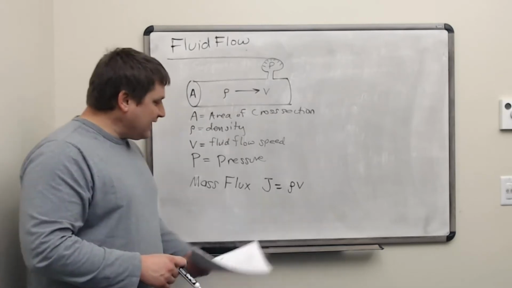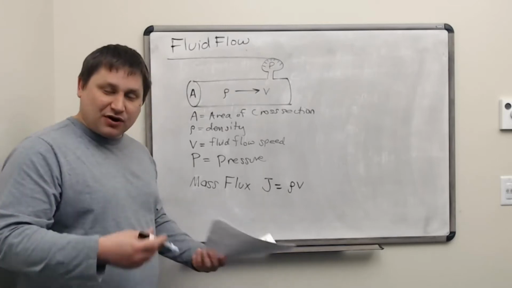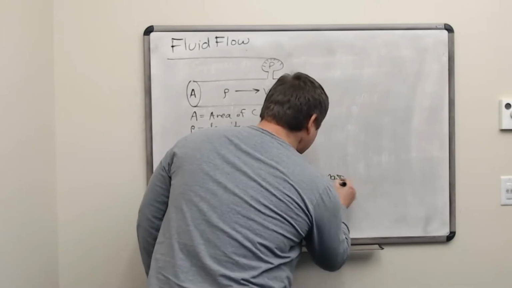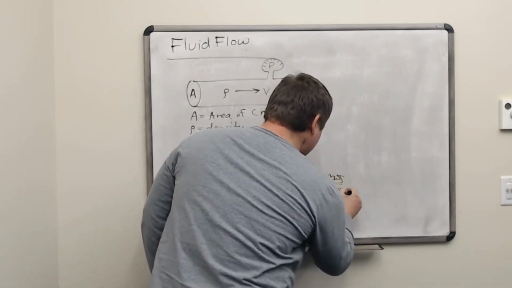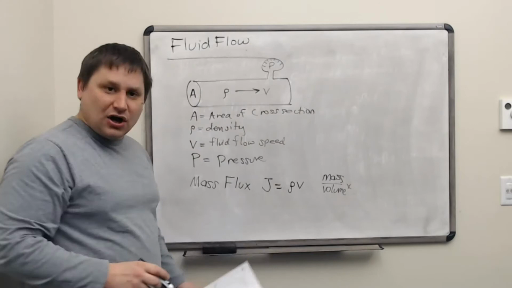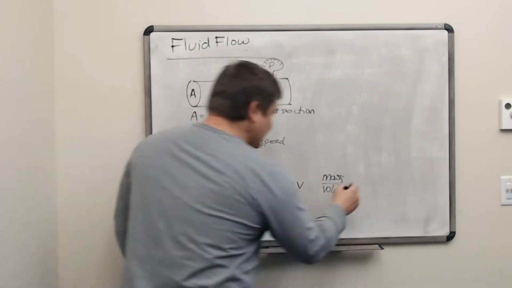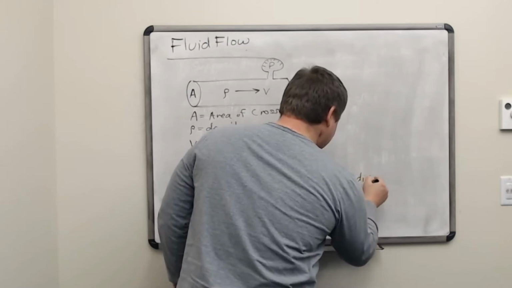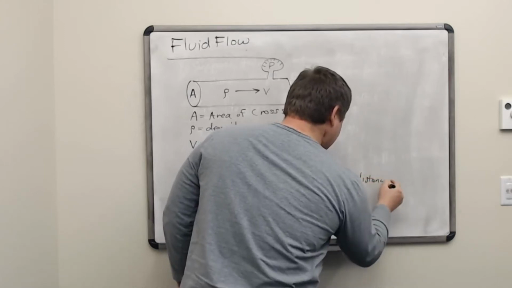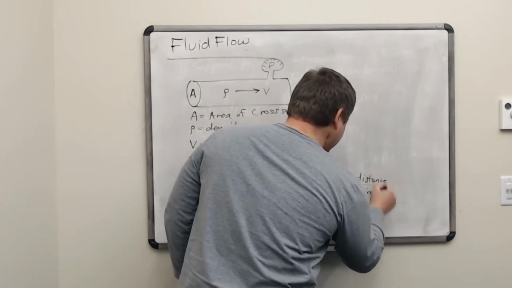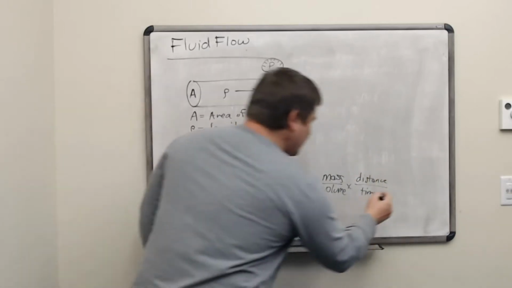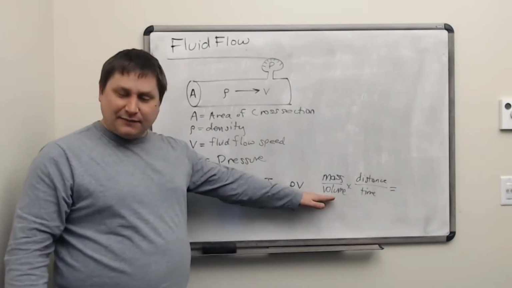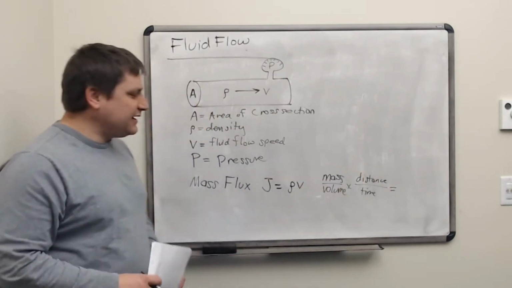Well, if we take the density, which is kilograms per meter cubed, or mass per volume, and we multiply it by the flow velocity, meters per second, or distance per time, we have three products of lengths on the bottom to get volume and one length on the top to get distance.